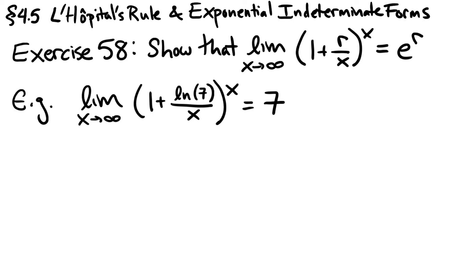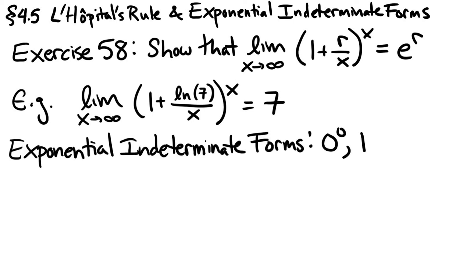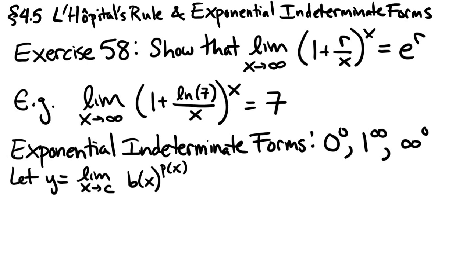And we will see during these videos that the 3 exponential indeterminate forms are 0 to the 0, 1 to the infinity, and infinity to the 0. And whenever you're confronted by a limit of one of these forms, you're going to want to carry out the same steps that we used here. So if we have a limit with some base function, b(x), and some power function, p(x), then we're going to want to do the following.